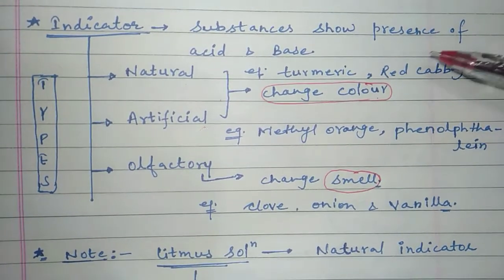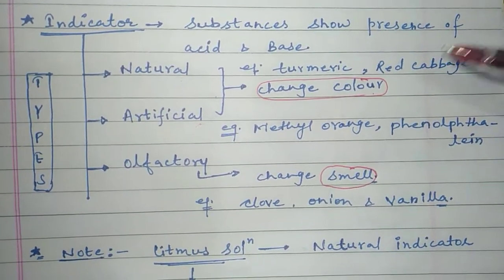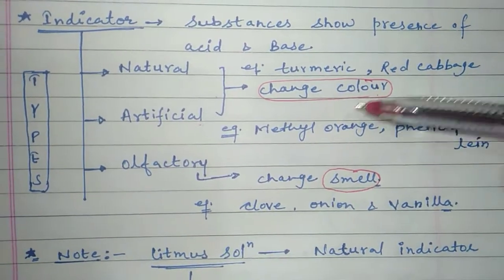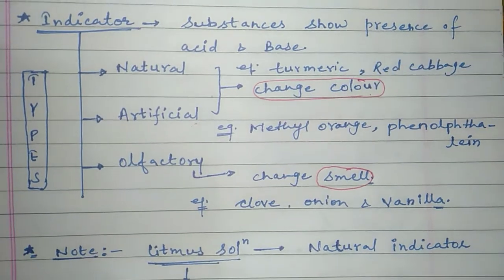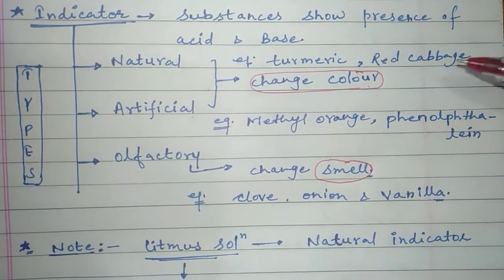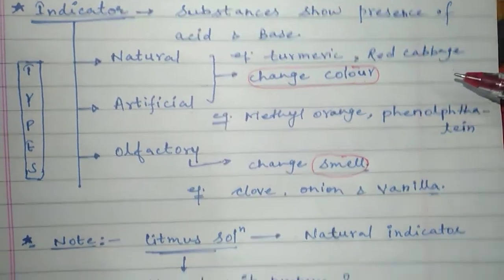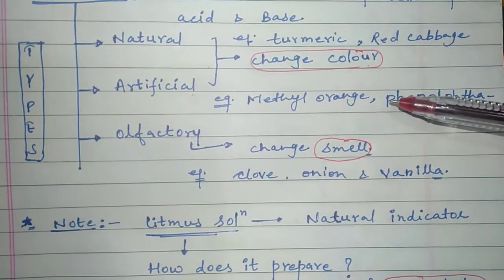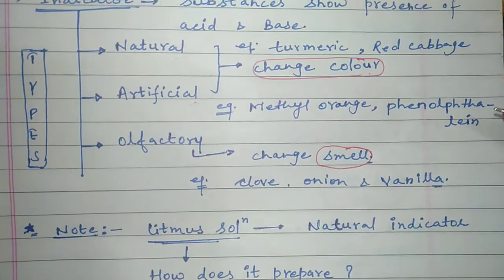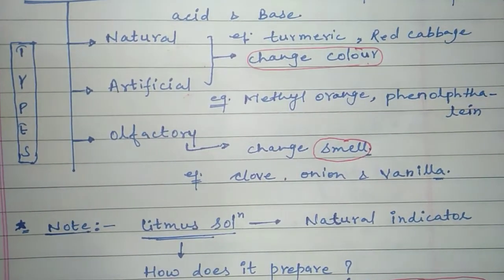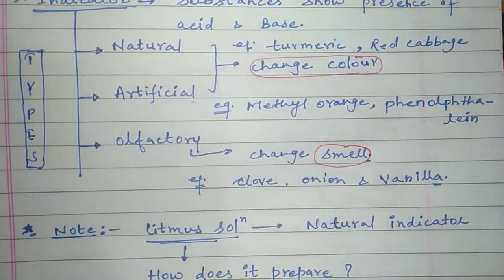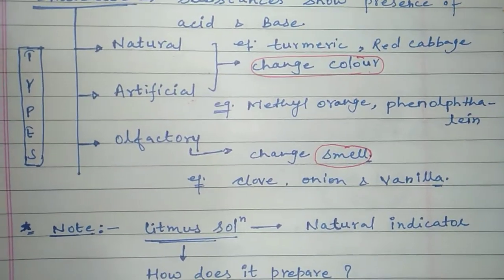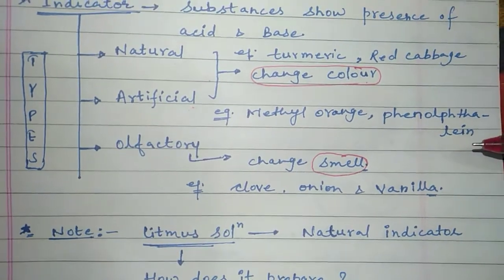So we can give some examples of natural indicators. Here I have written, you can see on the screen, turmeric and red cabbage. And for the artificial, I have written methyl orange and phenolphthalein. Many artificial as well as natural indicators are present, but in our syllabus these are more than enough.